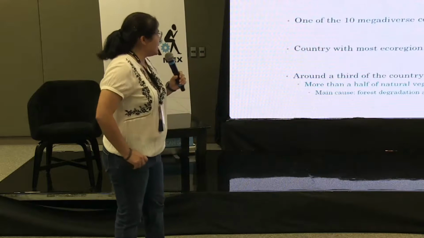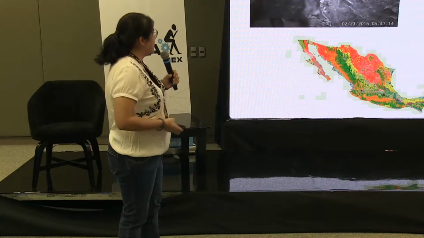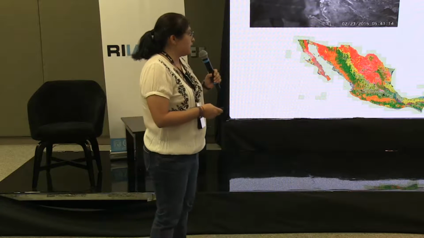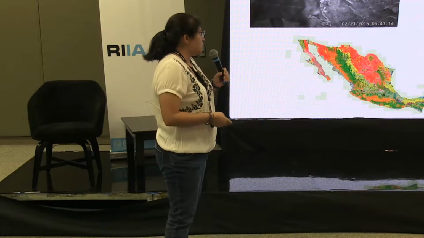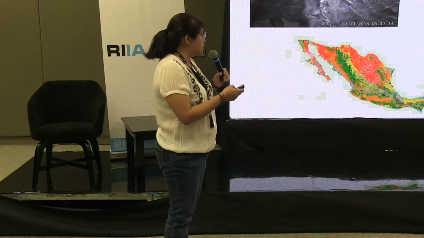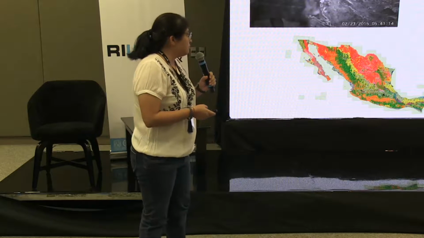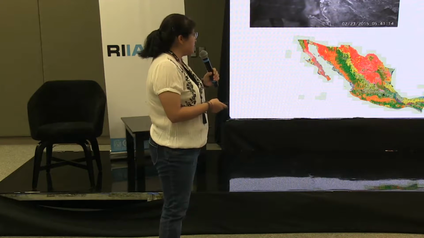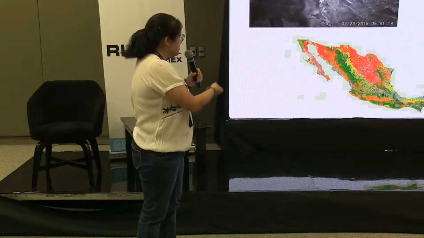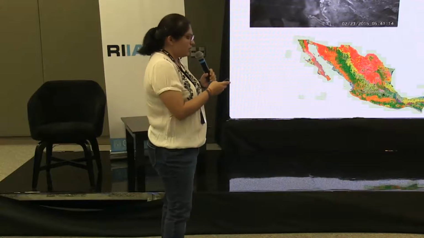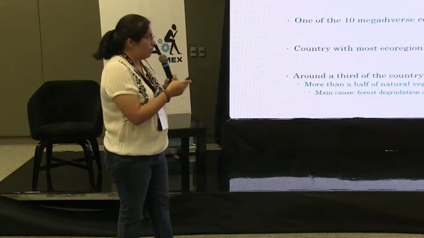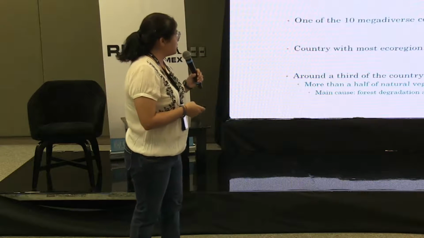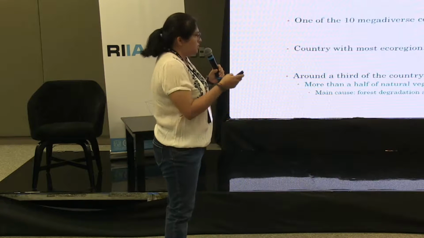For example, to classify animals out of images, or to do semantic segmentation on bat audio to detect bat species, and also to do land cover classification of the entire country. And that is the goal of MadMex.